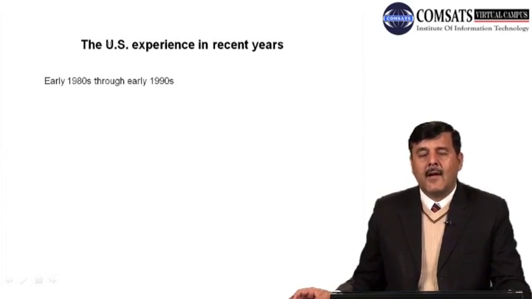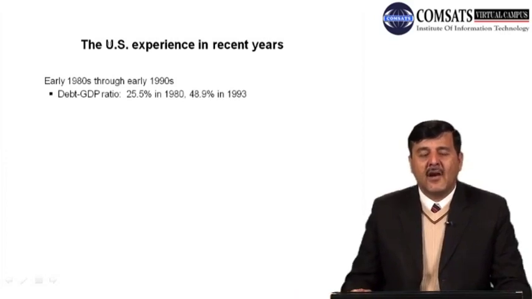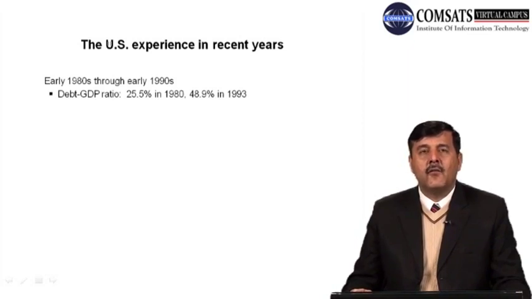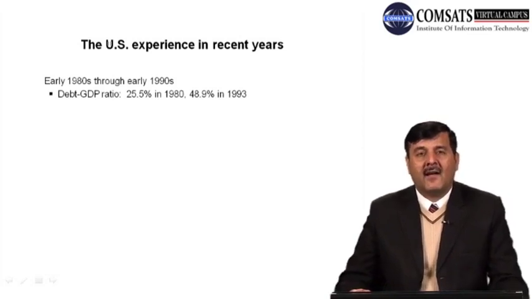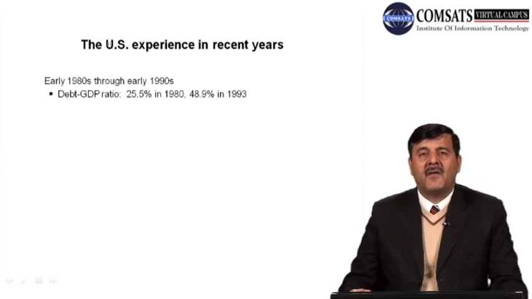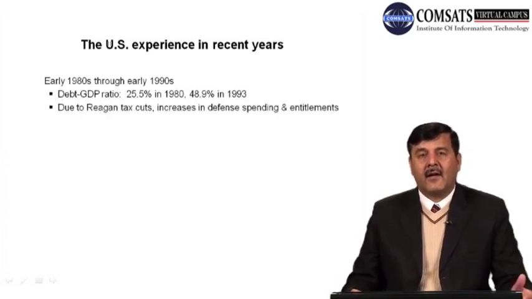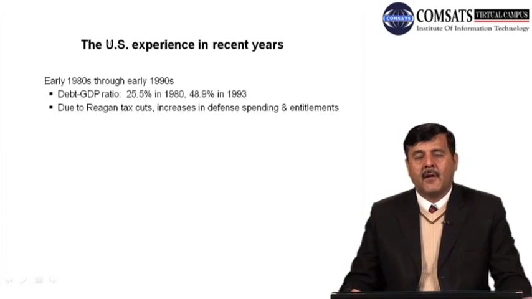In the early 1980s through the early 90s, the debt-GDP ratio rose from 25.5% in 1982 to 48.9% in 1993. So US debt increased from 25.5% in 1982 to 48.9% in 1993 due to the Reagan tax cuts, the Reagan fiscal reforms.